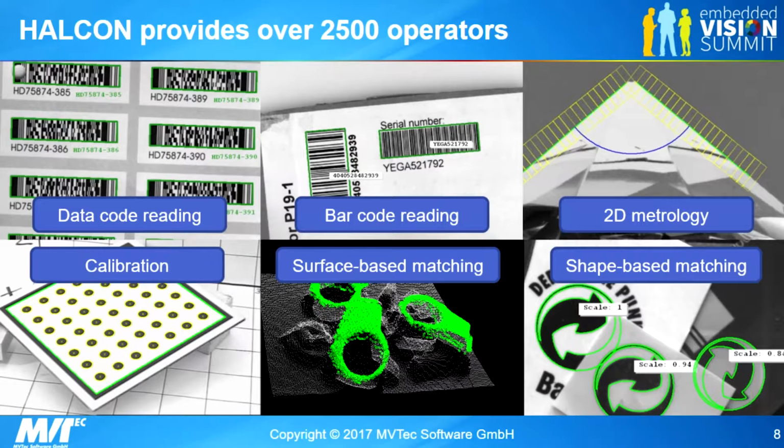2D metrology, I was very surprised to see nothing about this. It basically means you measure subpixel precise distances and angles in an image. This is a core technology from our understanding, and it is a very proven technology, by the way, but it's only implemented in very specific libraries.